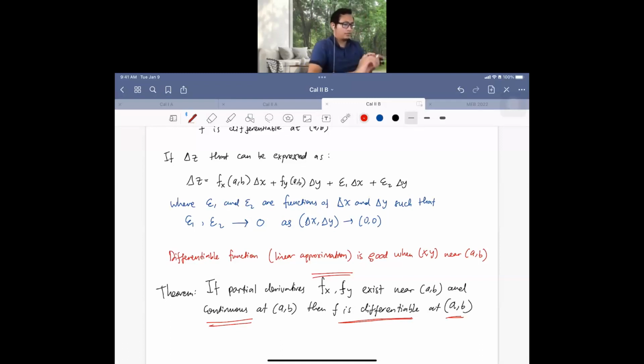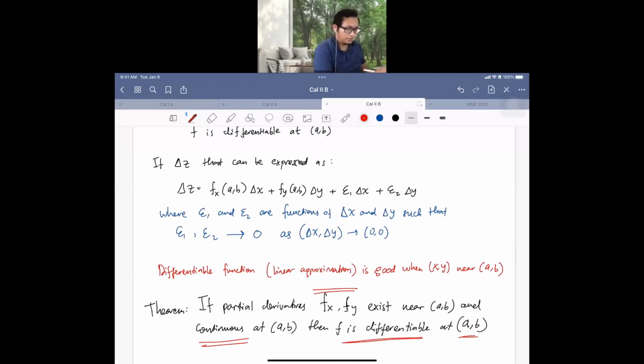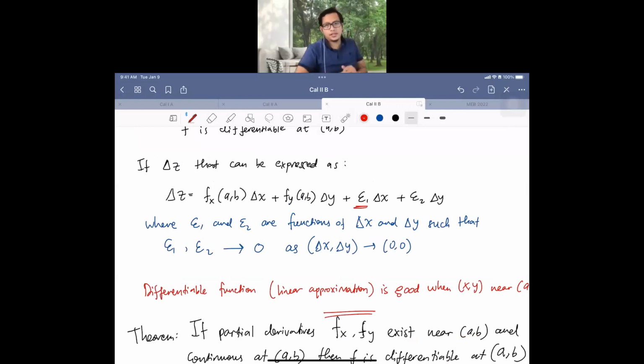Okay, now if we look back at this epsilon 1 and epsilon 2, this is just suggesting that we will have a small error. If this is very small and we have the limit as our tool, we can ignore some small error, right?